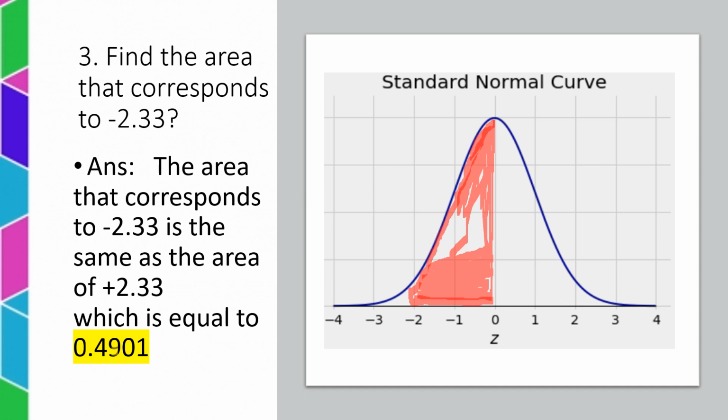Yan yung area na tinutukoy sa number 3 examples. Z is equal to negative 2.33.